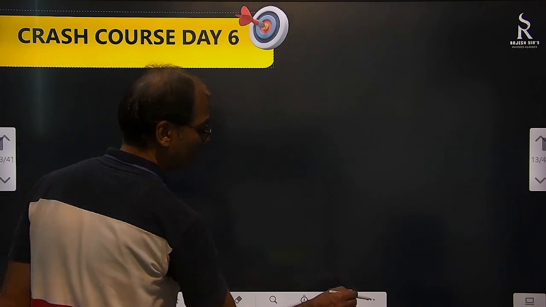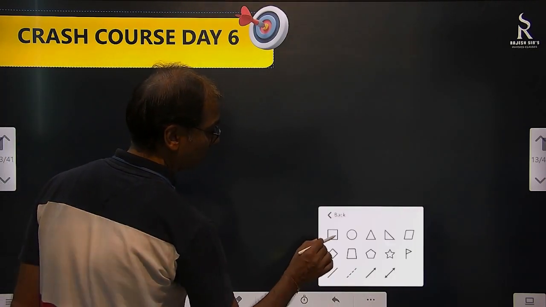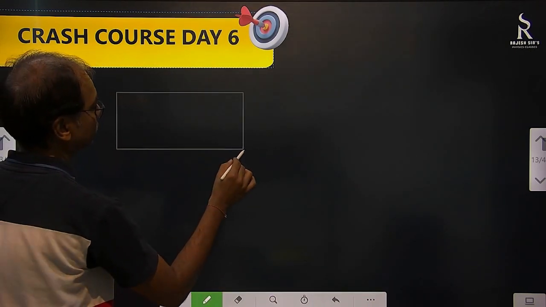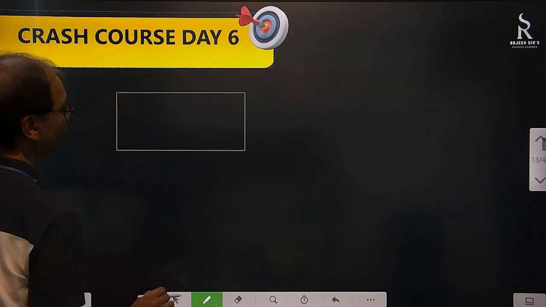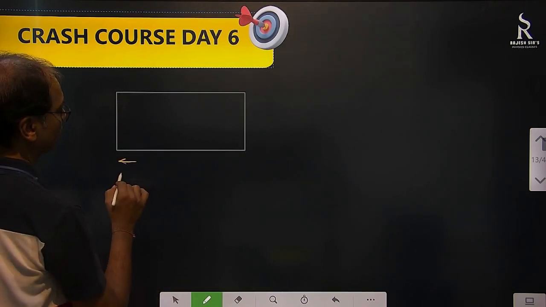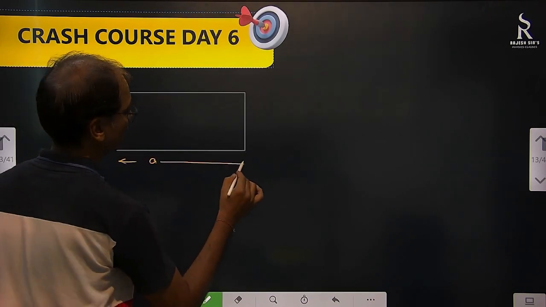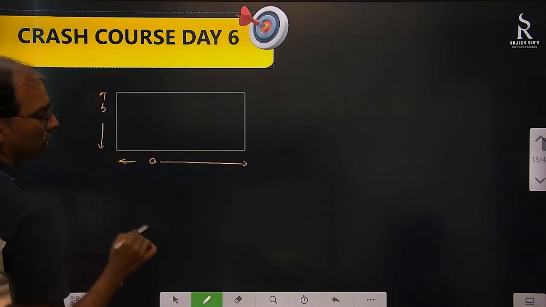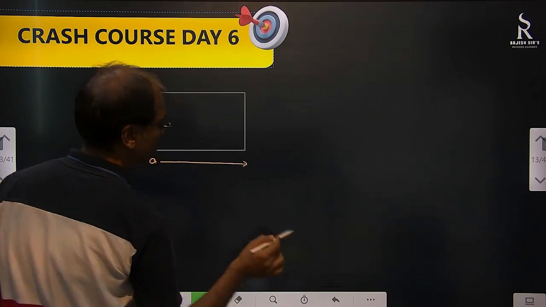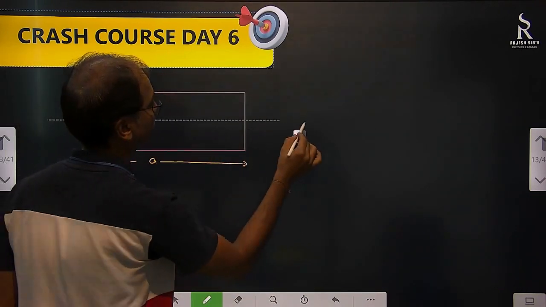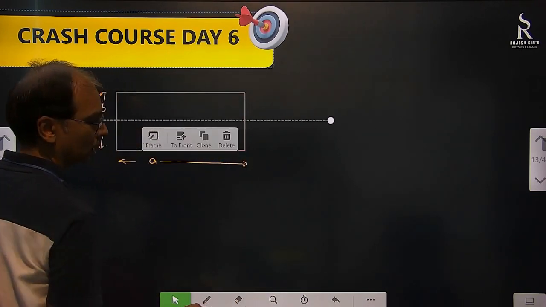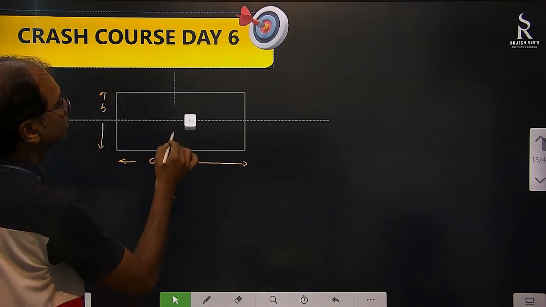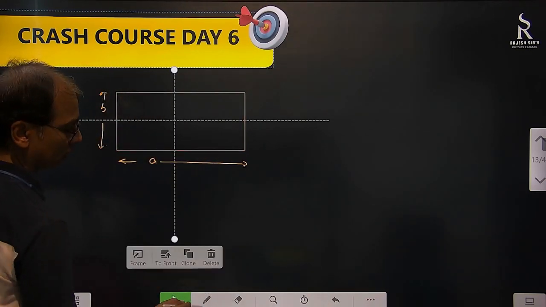Same way, now I am going into the rectangular plate. For the rectangular plate, we already saw the moment of inertia about the x-axis and y-axis. Now we want to find it about the z-axis. So it's a rectangular plate. This is A and this is B. We already know the moment of inertia about x-axis and y-axis.